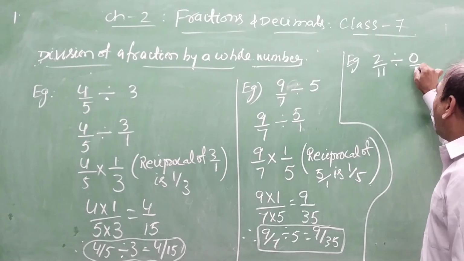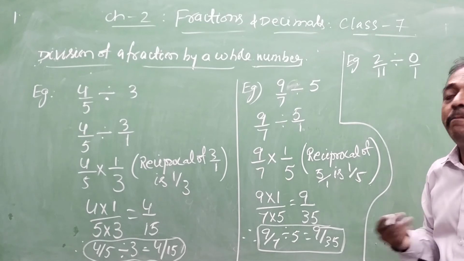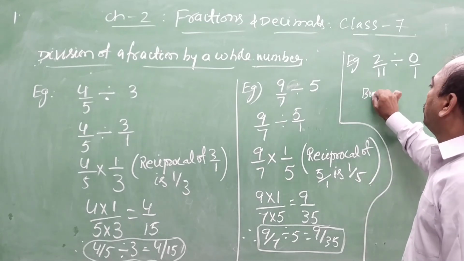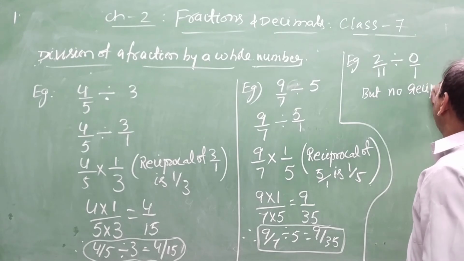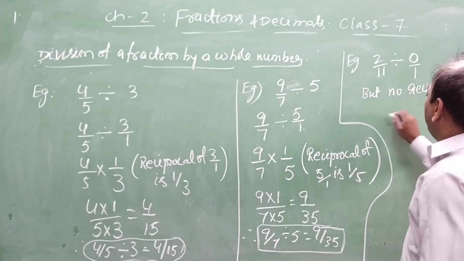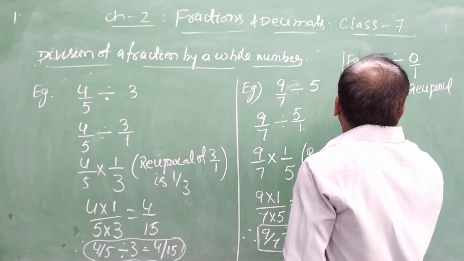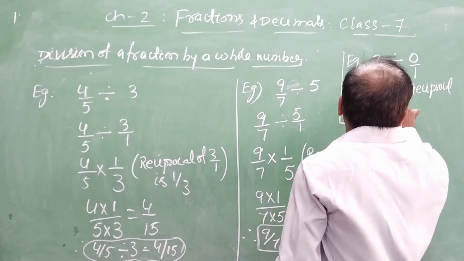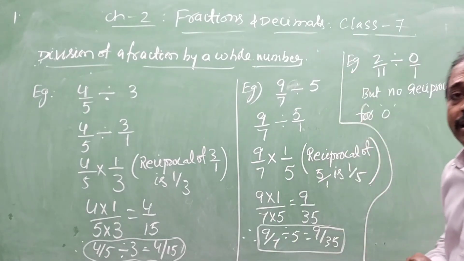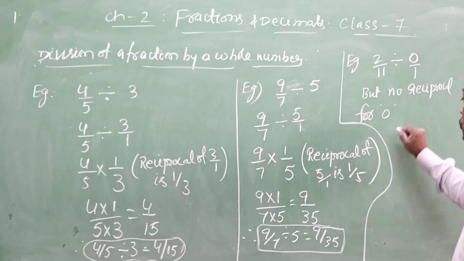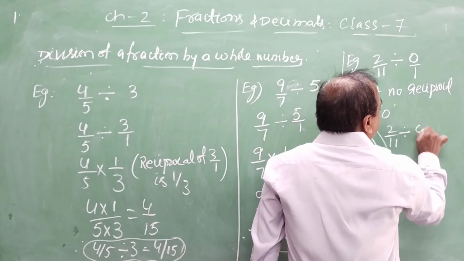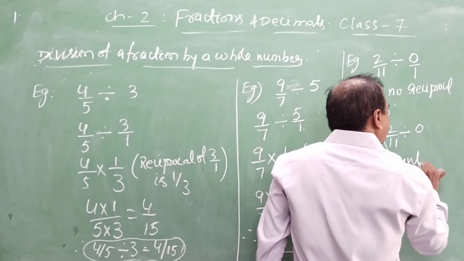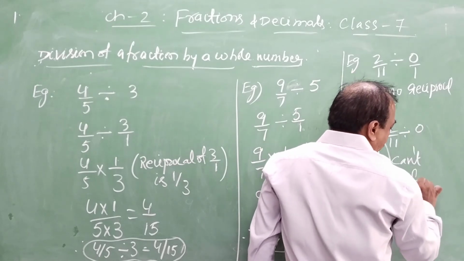No. 0 by 1 can be written, but there is no reciprocal for 0. Is it clear? So 2 by 11 divided by 0 can't be defined.